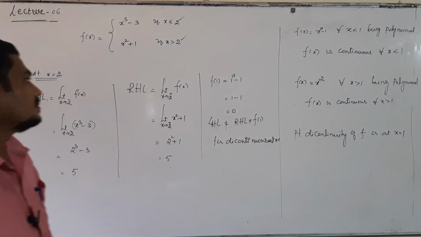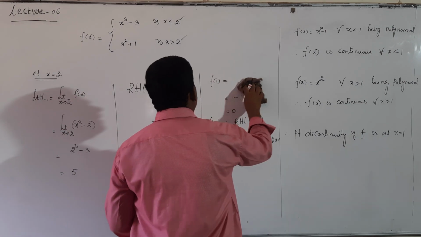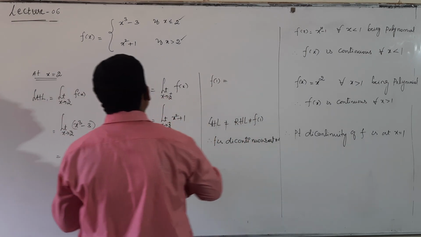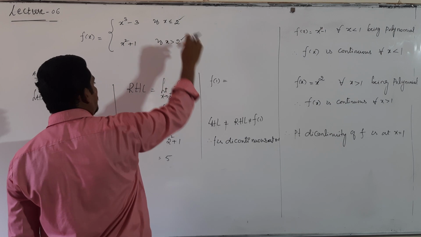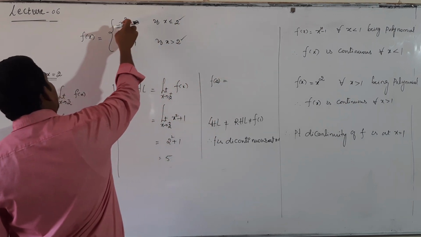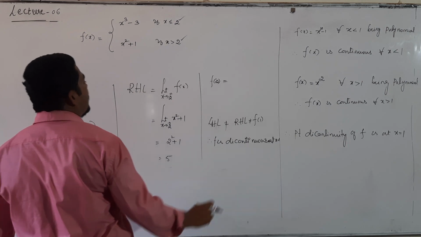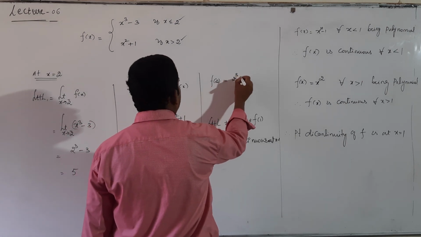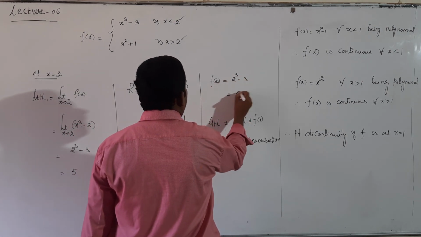Then what is f of 2? When x value is exactly 2, then the function is x cube minus 3, so it will be 2 cube minus 3, it gives 5 only.